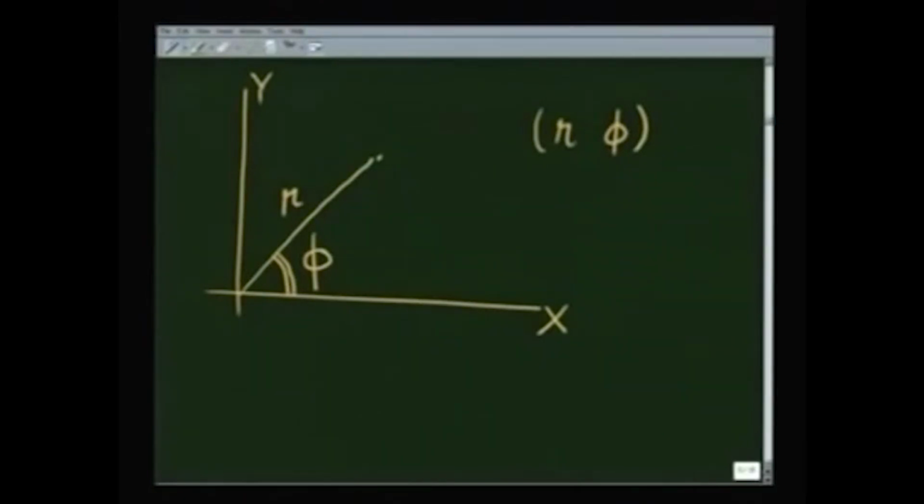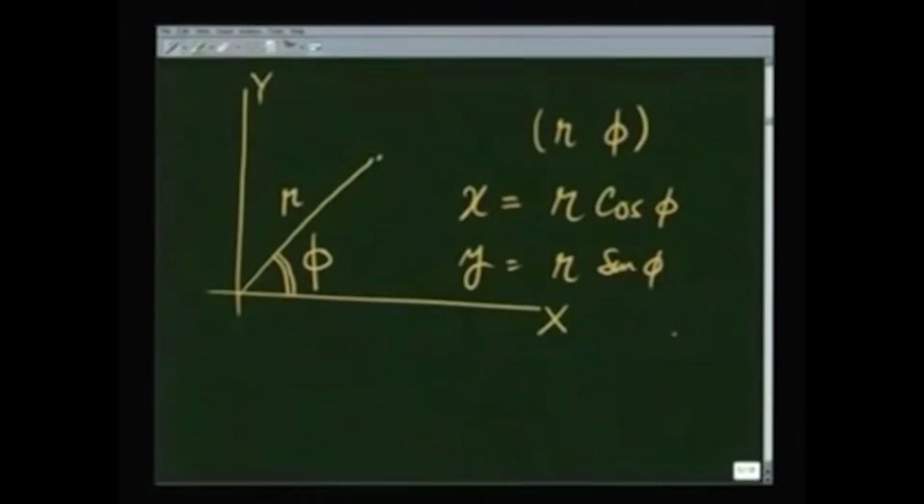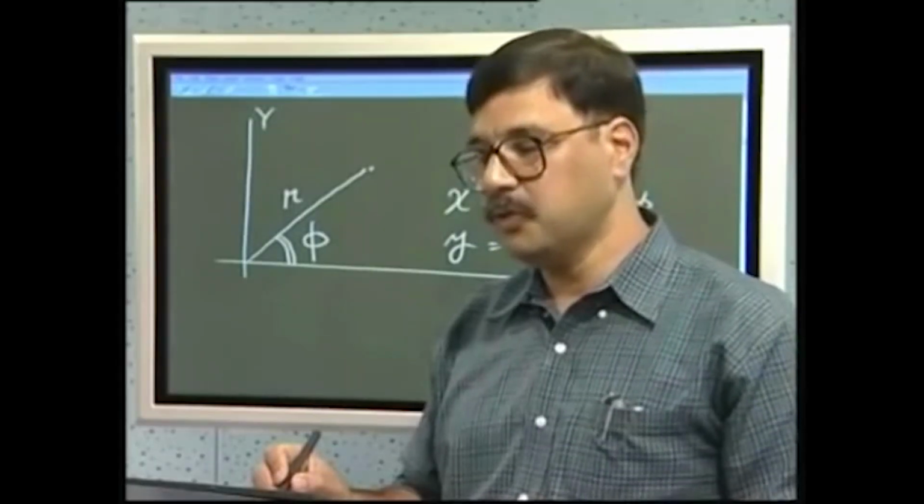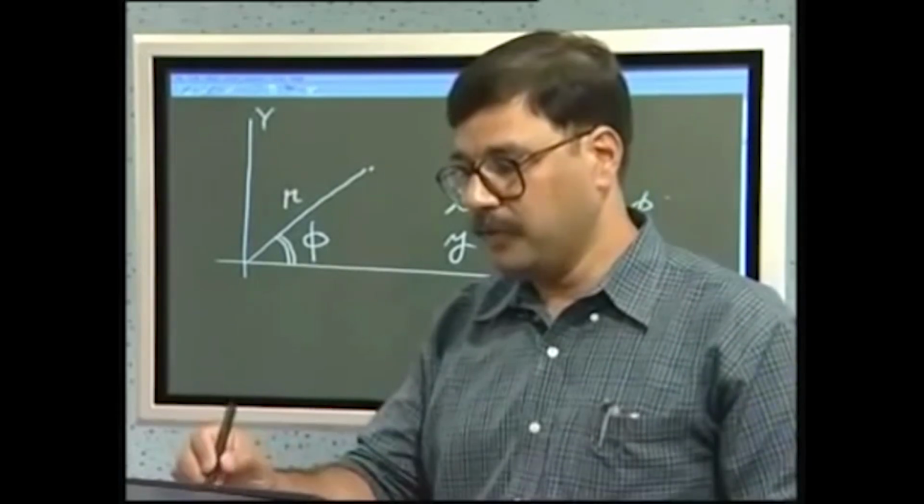As you can see, I am using two coordinates in a plane. Obviously, x coordinate is given as r cosine of phi and the y coordinate is given as r sine of phi. I also need to give the unit vectors in this coordinate system if I want to describe a vector quantity.